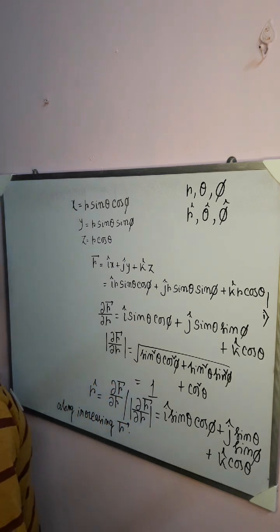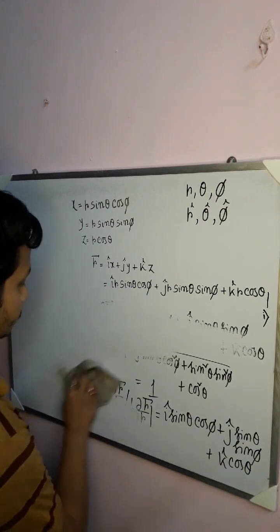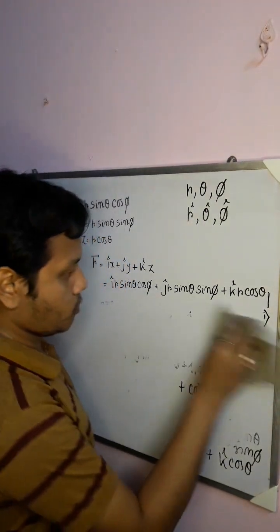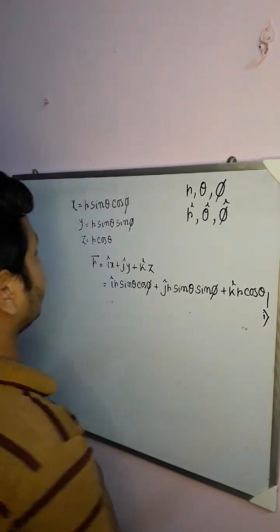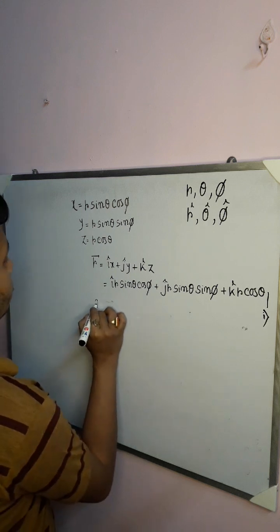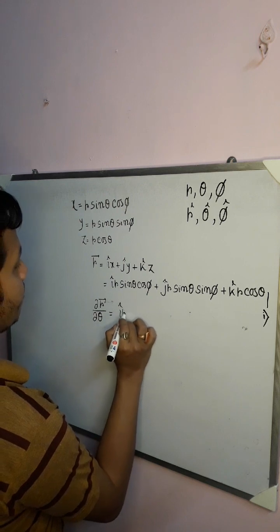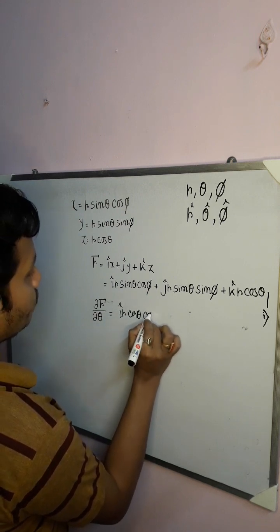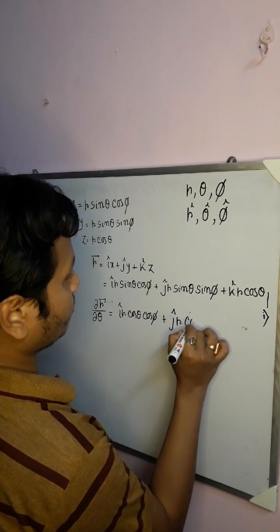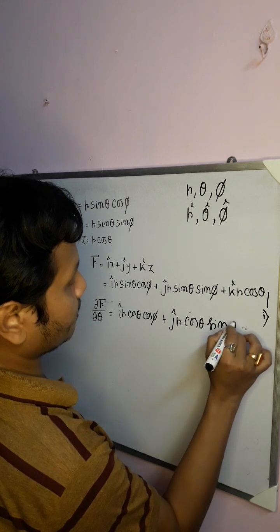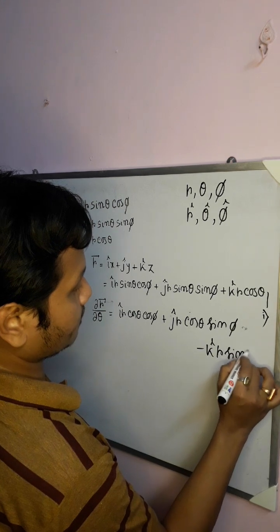So let us try to find out the second unit vector, that is the value of theta cap. So what will be my del r by del theta? That is simply i cap r cos theta cos phi, plus j cap r cos theta sin phi, minus k cap r sin theta.